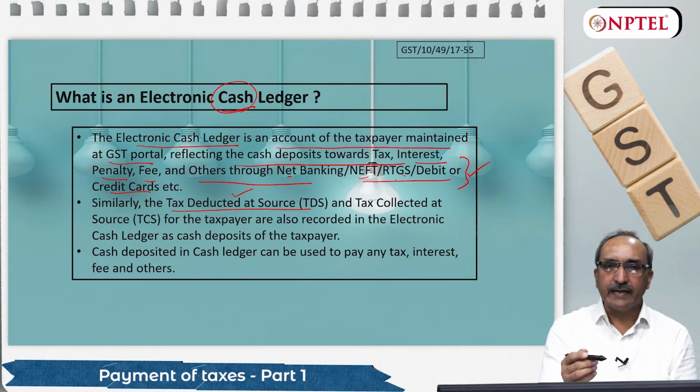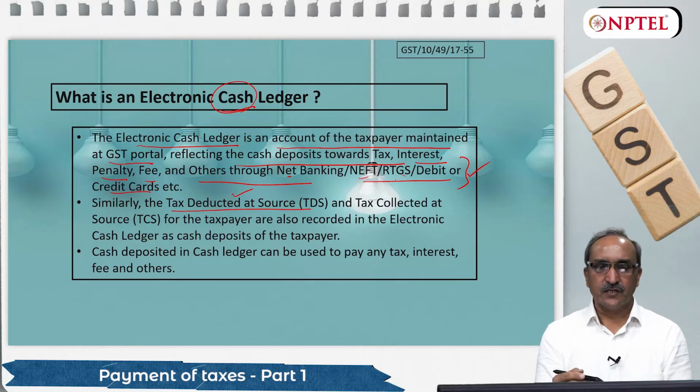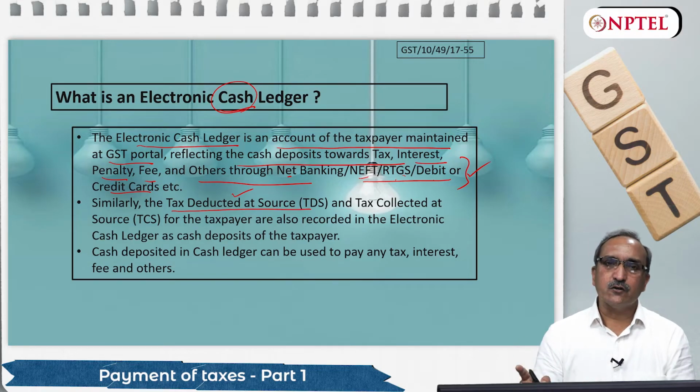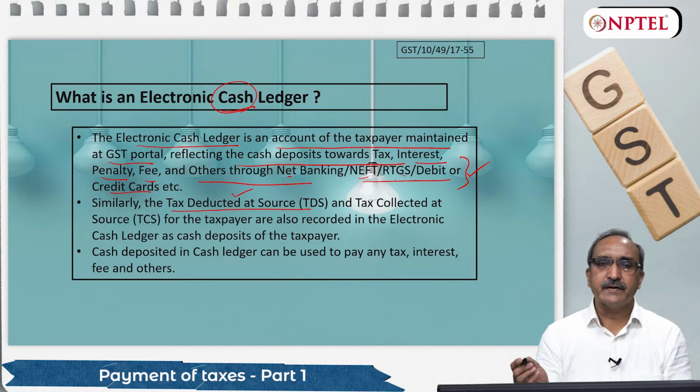So in any transaction where you have supplied the goods and the buyer, a person as defined under GST, has deducted TDS from your payment, that TDS amount deducted by your buyer will be deposited by that buyer in the government account and ultimately it comes to your cash ledger.